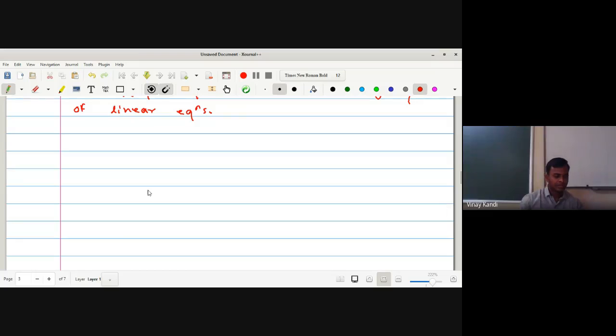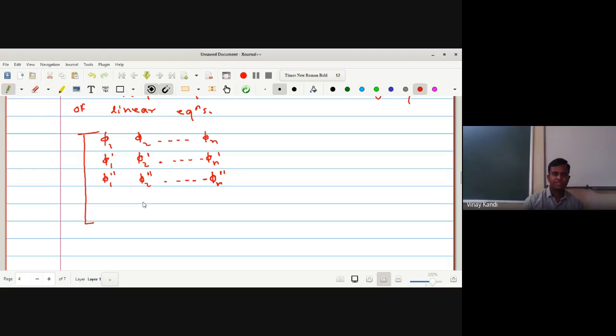We can write this in matrix form. Look at the matrix form. First row is phi1, phi2 up to so on phi n. Second row is phi1 dash, phi2 dash up to so on phi n dash. Third row is phi1 double dash, phi2 double dash up to so on phi n double dash.